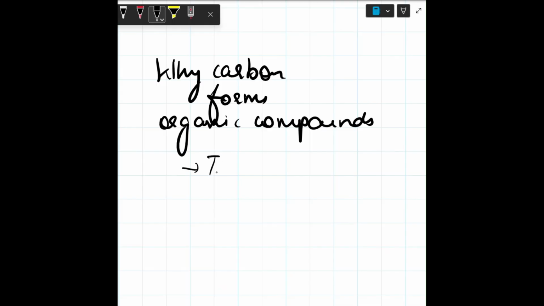Simple answers to that. I suppose you should be knowing this by now. Tetravalency and catenation.